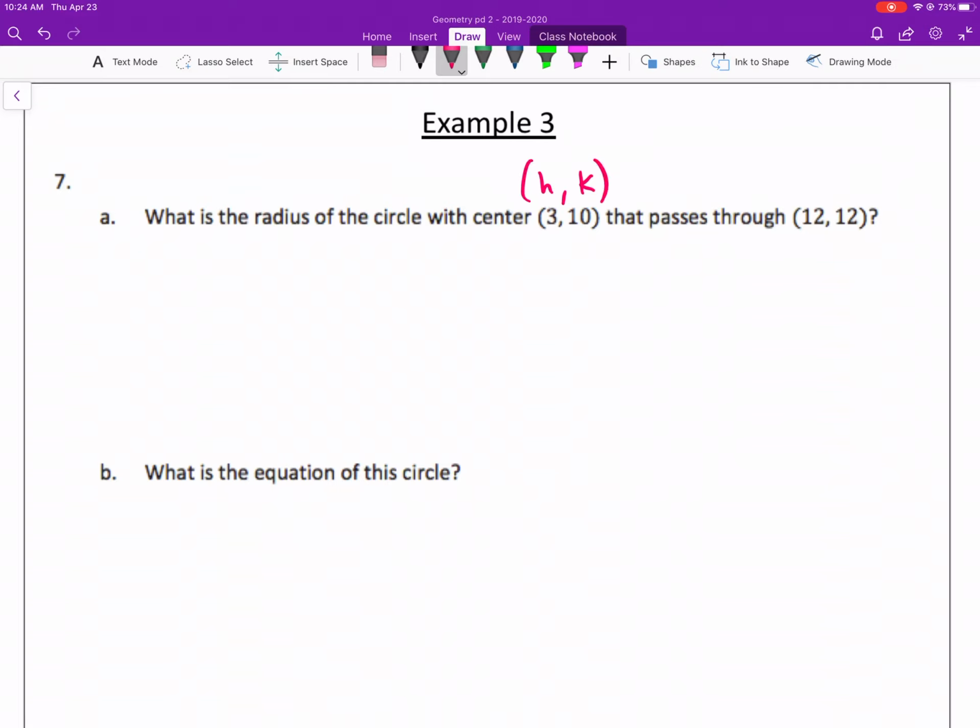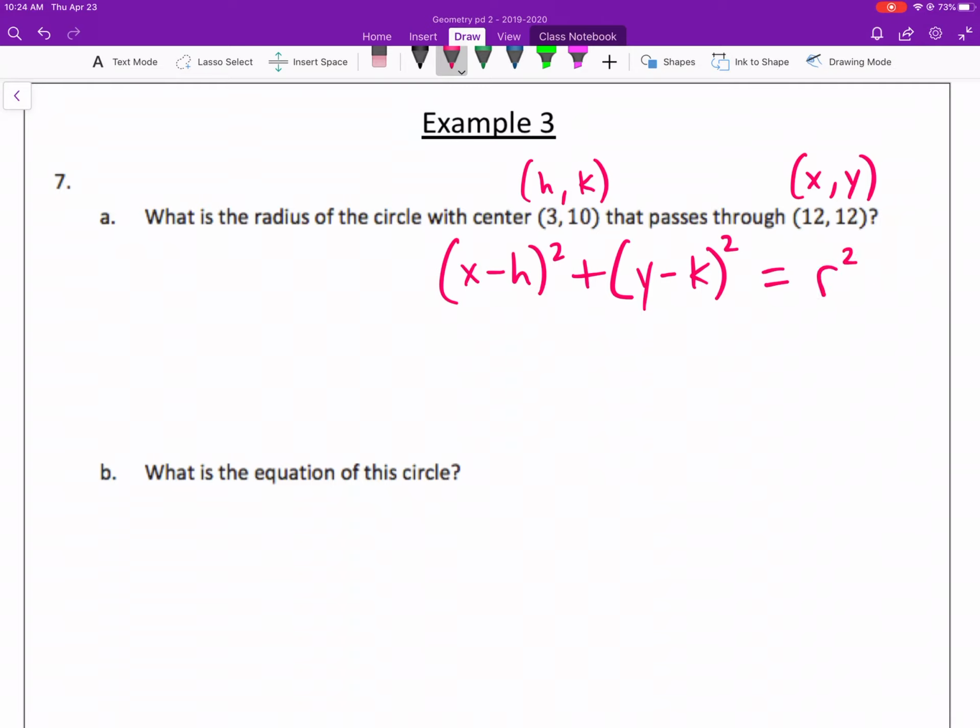But then they also could give you, they're saying it passes through a given point. That could be one of the x, y values that satisfies the equation. So if we substitute, it's x minus h squared plus y minus k squared is equal to the radius squared.